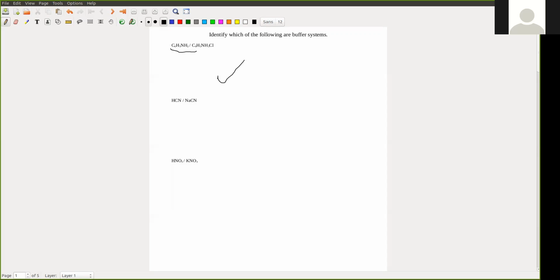The next one is hydrogen cyanide, or hydrocyanic acid, and sodium cyanide. And this one, hydrocyanic acid, is a weak acid, and cyanide is the conjugate base of that weak acid.